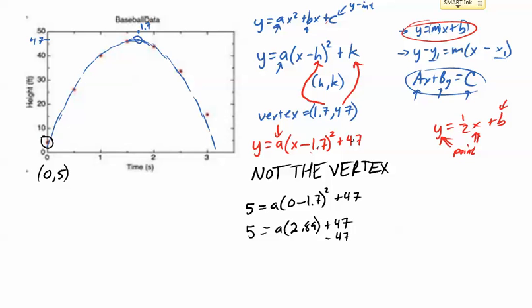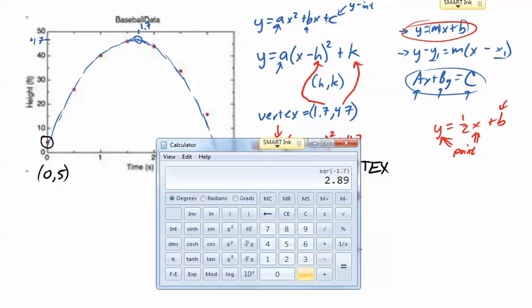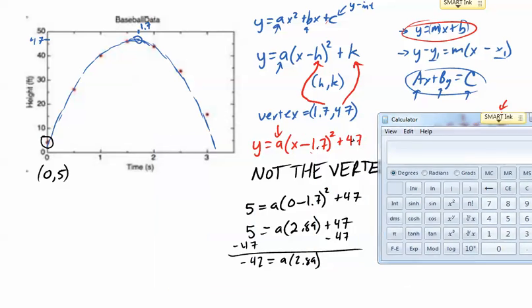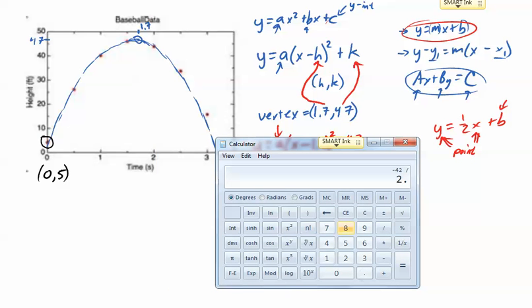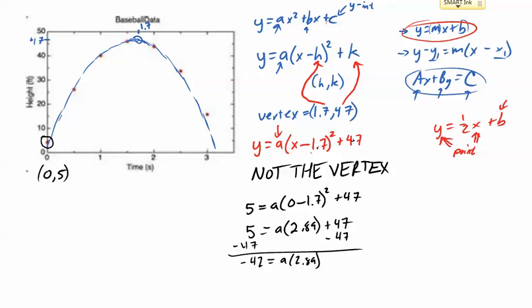I just subtract the 47, and I get negative 42 equals a times 2.89. And then I divide both sides by 2.89. So negative 42 divided by 2.89 gives me a value of negative 14.5. So a equals negative 14.5, because I divided both sides by 2.89.